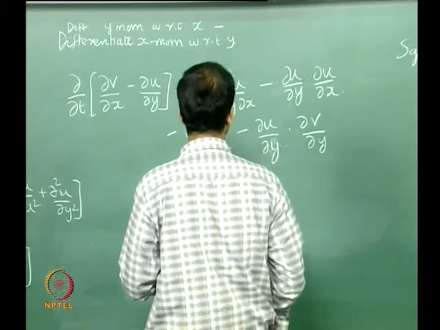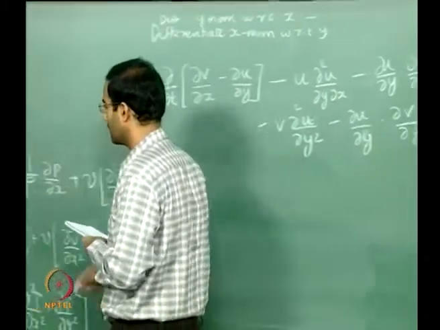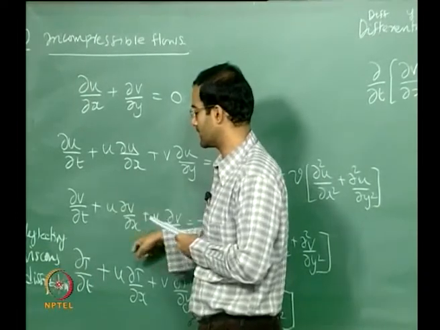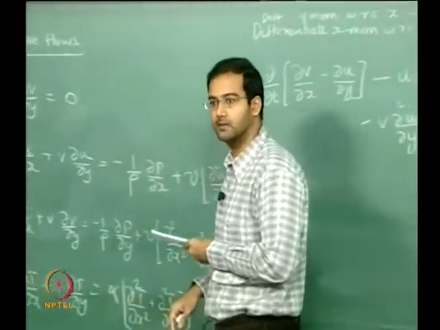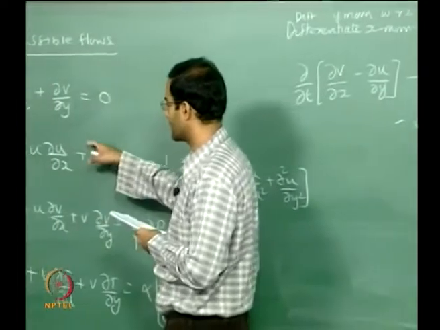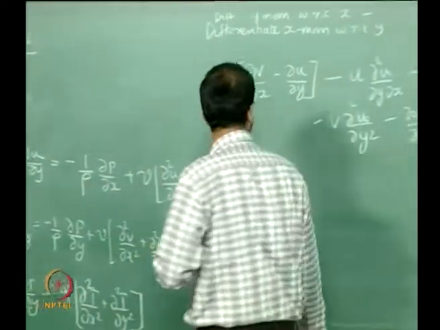Yeah, okay, so the same thing now I am going to do: differentiate the y momentum with respect to x. Okay, so this minus this, right, so these terms will be positive here.